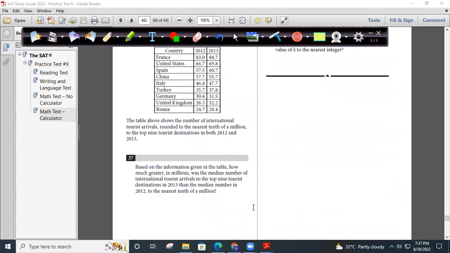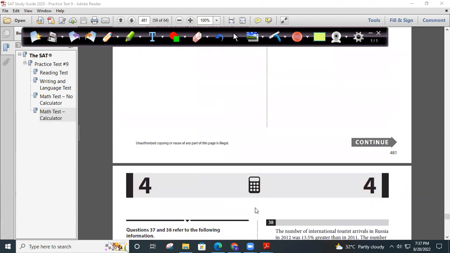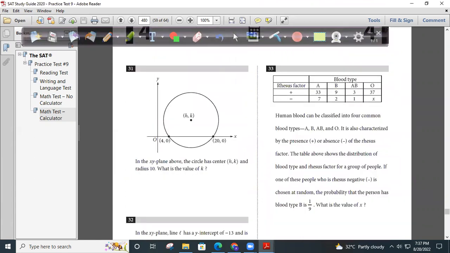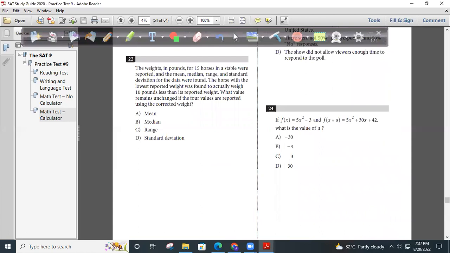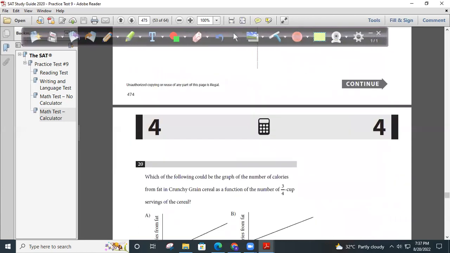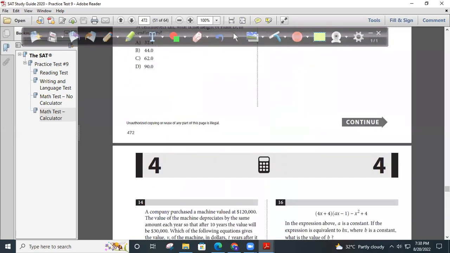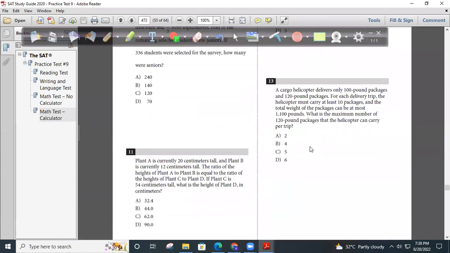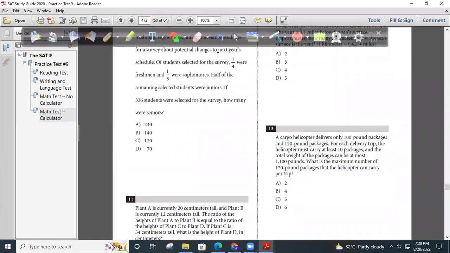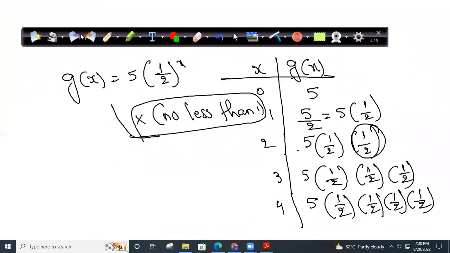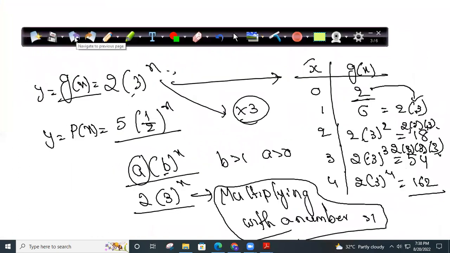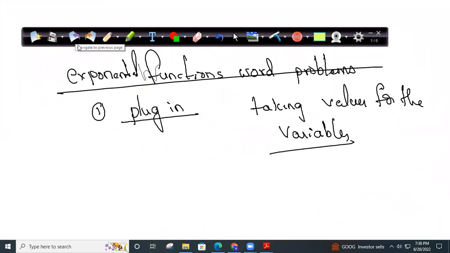Now we'll identify exponential functions questions based on all these three. What are the three concepts that we discussed? One is compound interest. Second is exponentially increasing and decreasing. Third is exponential functions word problems.